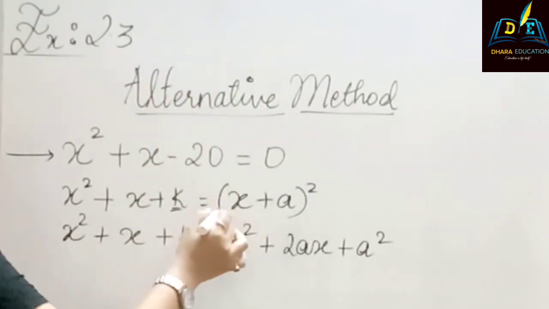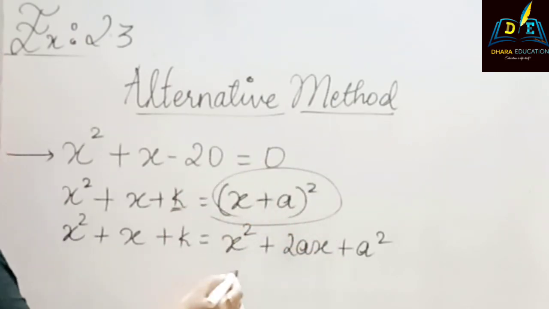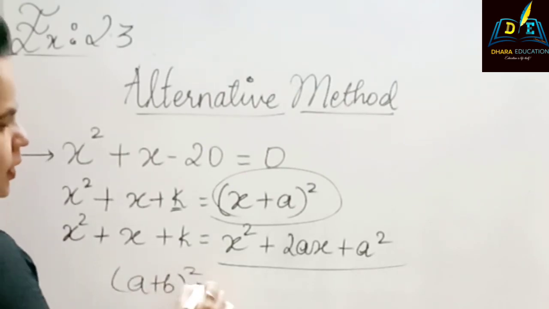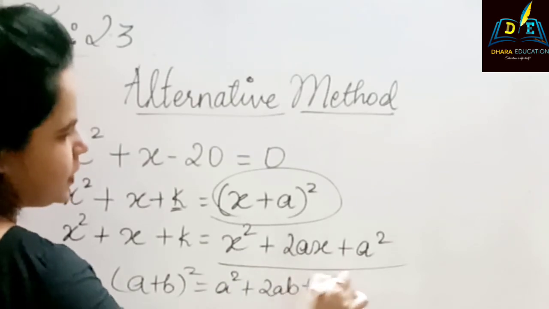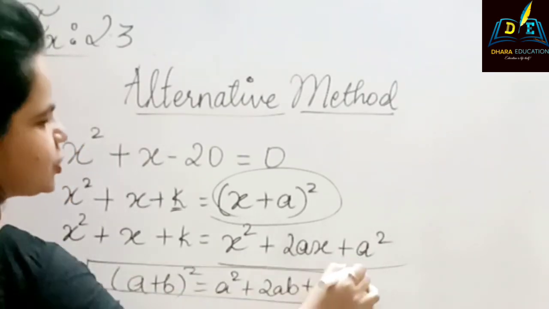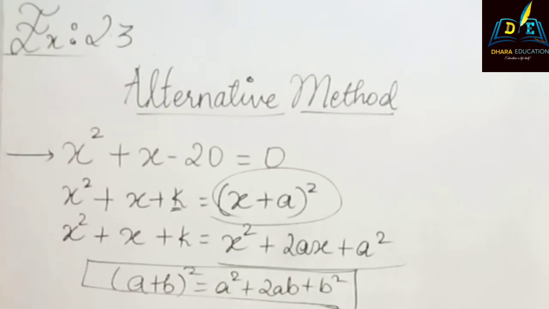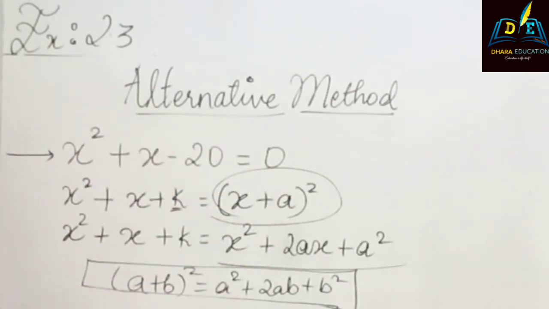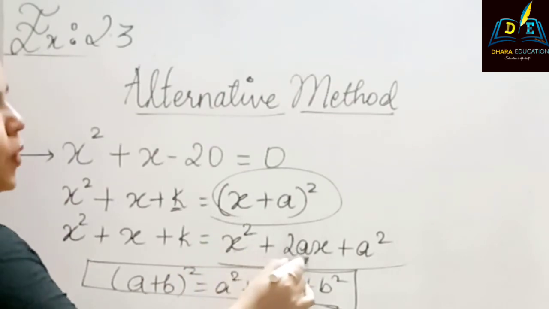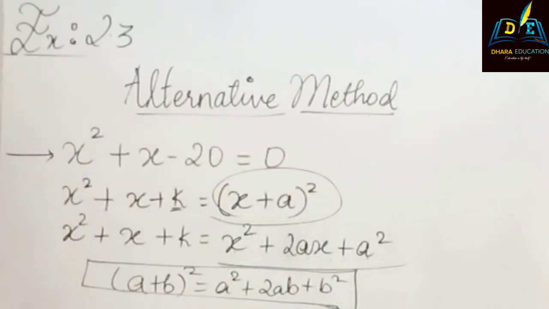To expand this, we use the formula a plus b the whole square equals a square plus 2ab plus b square. So x plus a the whole square becomes x square plus 2ax plus a square, and k is the constant value.